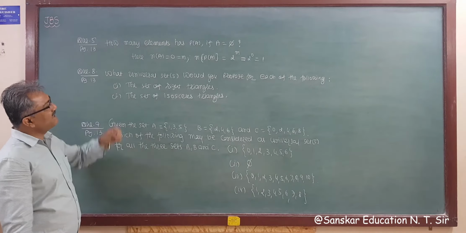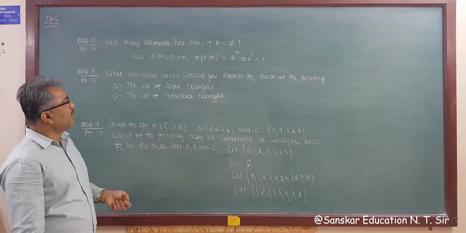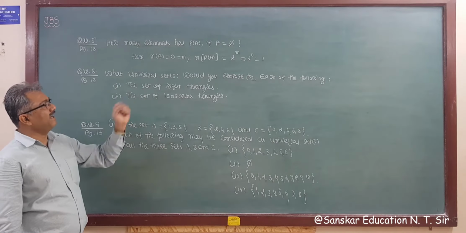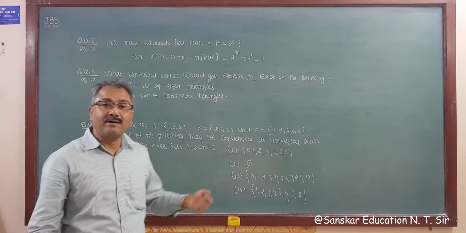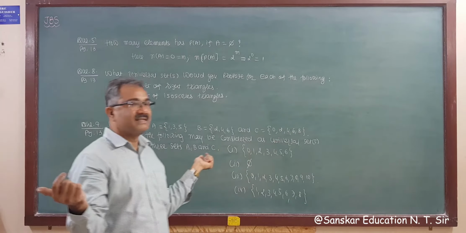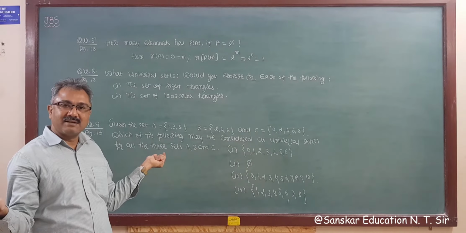Now, what universal set or sets would you propose for each of the following? First, the set of right angle triangles. Right angle triangles are a subset of all triangles, the set of all possible triangles, right?